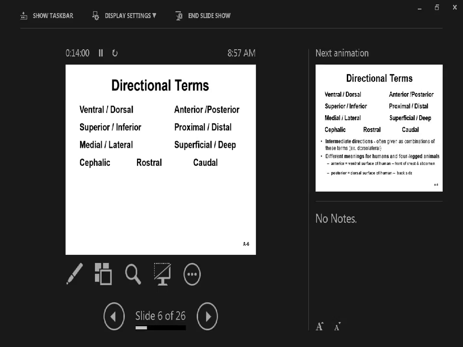Now, please pay special attention to proximal and distal. I think there was a question on your lab this week pertaining to the shoulder. The terms proximal and distal are used especially in the anatomy of the limbs. I stress this to students all the time.